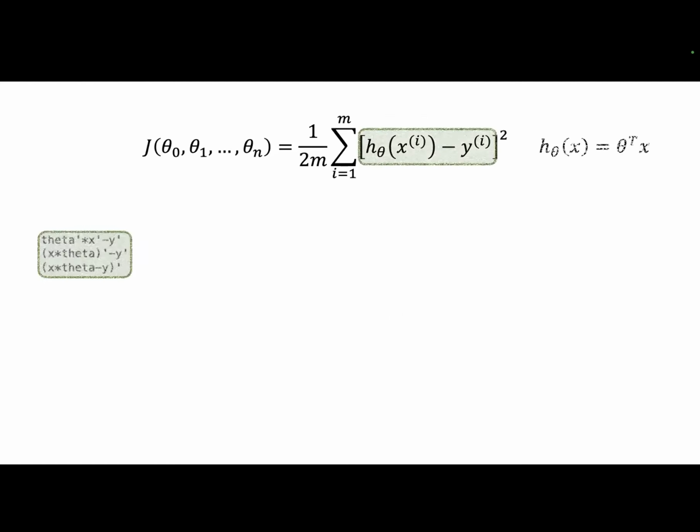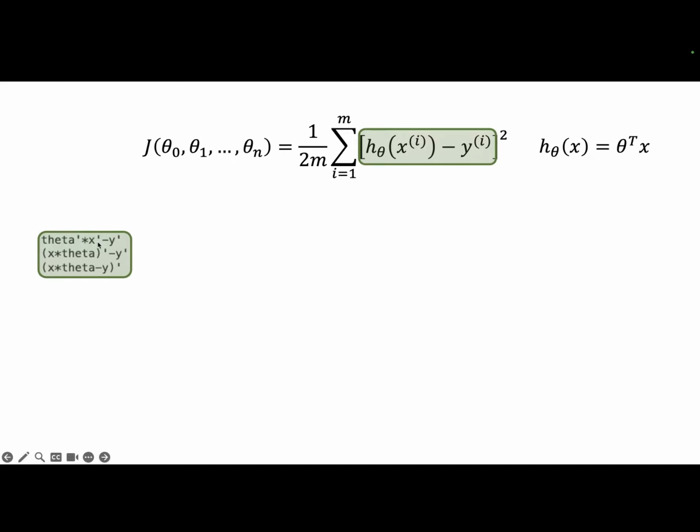Now, let's see how this is implemented sa MATLAB. Now, itong part lang na ito, remember na kinuha natin yung transpose ng theta, di ba? Theta transpose. In MATLAB, theta single quotation ang tawag dito. Okay?